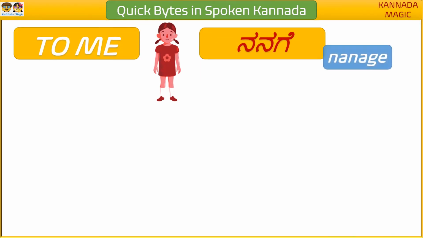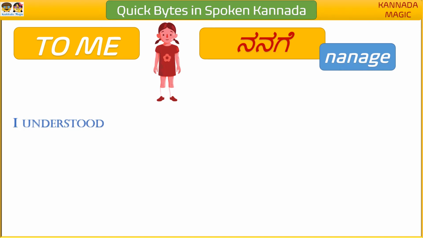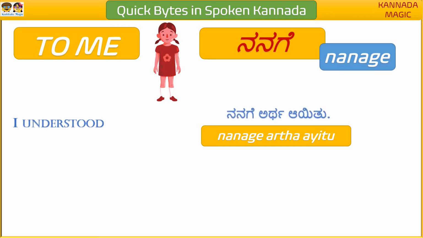Whether you want to use the word to me, the word in Kannada is nanage. Example, you want to say I understood. It is in Kannada nanage artha aitu. Nanage artha means meaning, aitu it happened. So I understood. Or let's say I'm hungry.